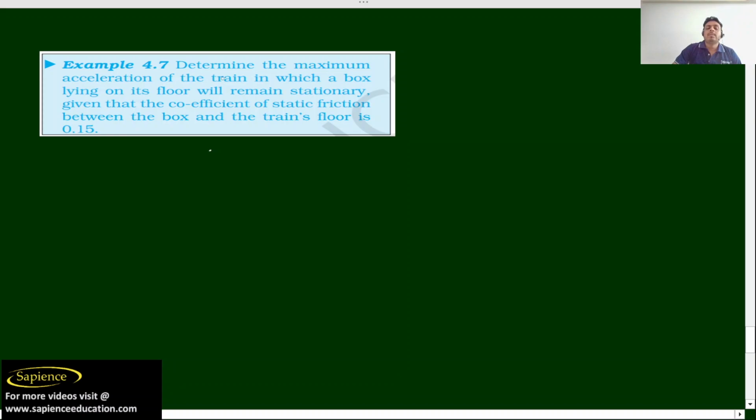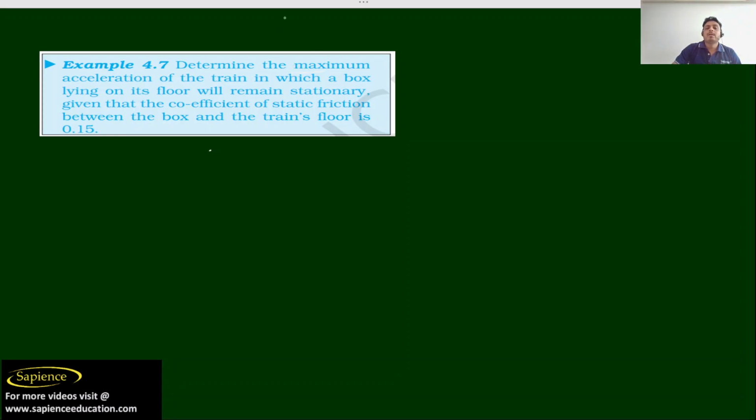They are asking to determine the maximum acceleration of the train in which a box lying on its surface will remain stationary, given that the coefficient of static friction between the box and the train floor is 0.5. A box is kept on the floor of the train.